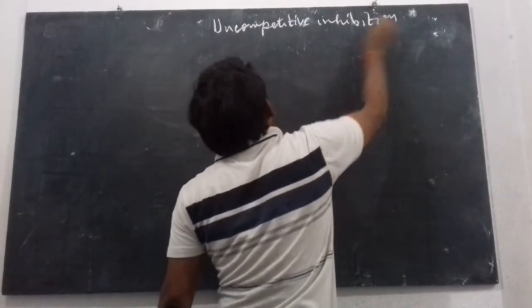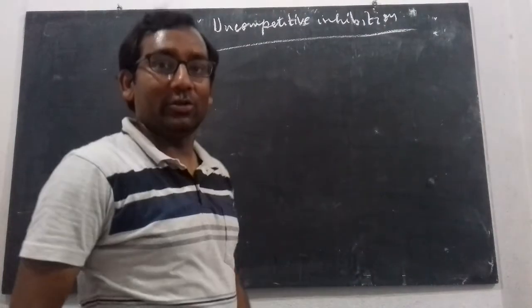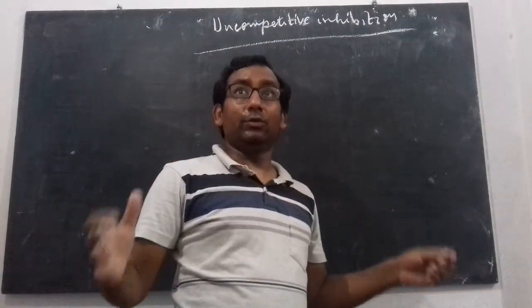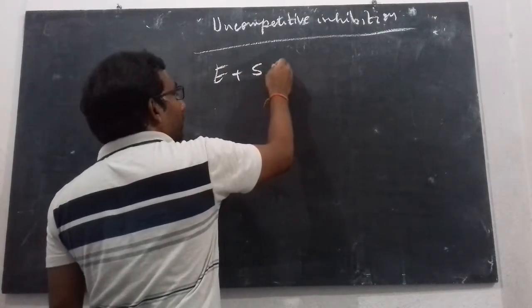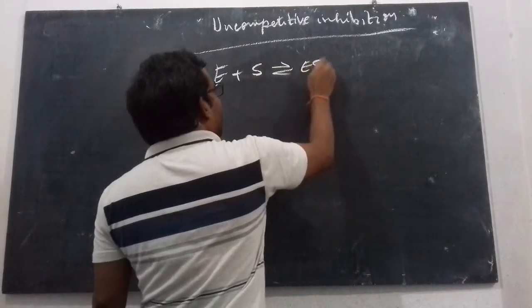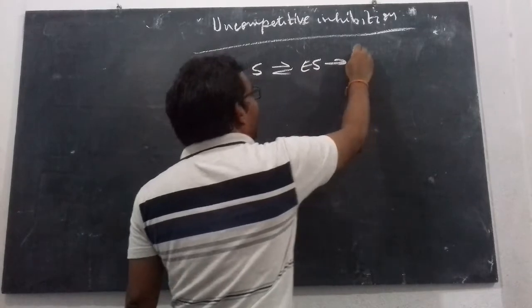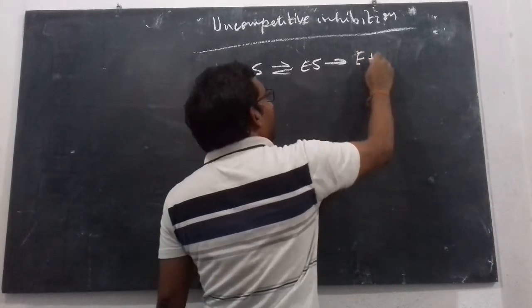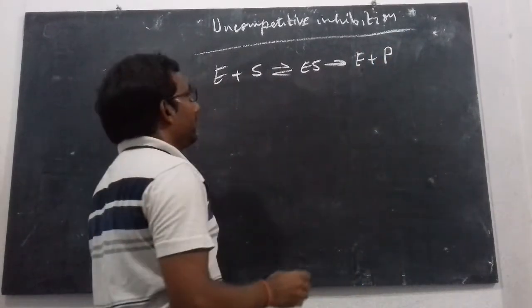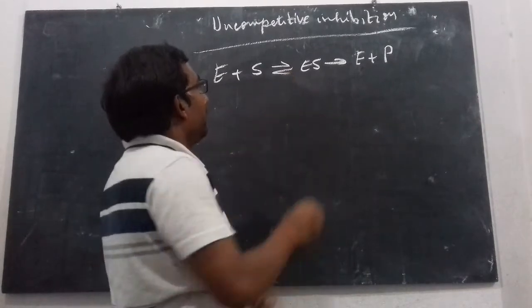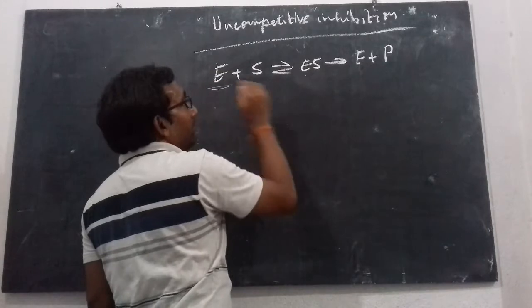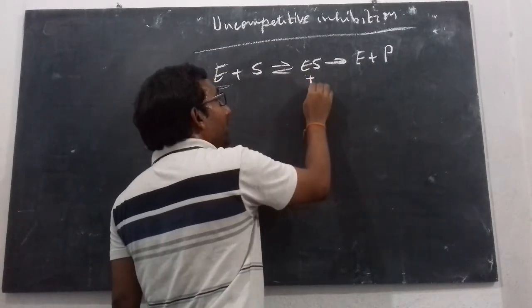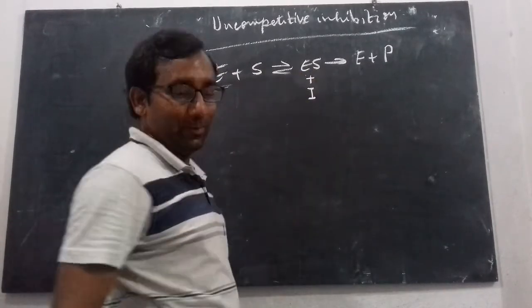inhibition. In case of uncompetitive inhibition, a very important thing to notice is that the enzyme reacts with substrate, you already know, to form enzyme substrate complex, and then the enzyme substrate complex converts back into enzyme and product. Right? The uncompetitive inhibitor does not bind to the enzyme. It binds to the enzyme substrate complex. This is very important.